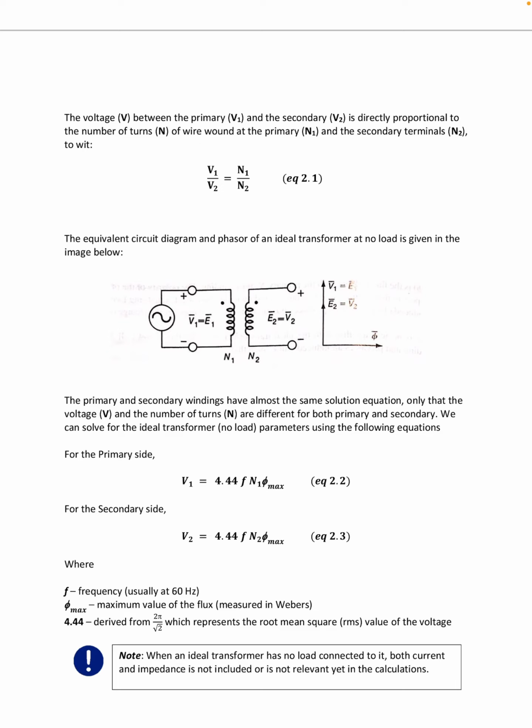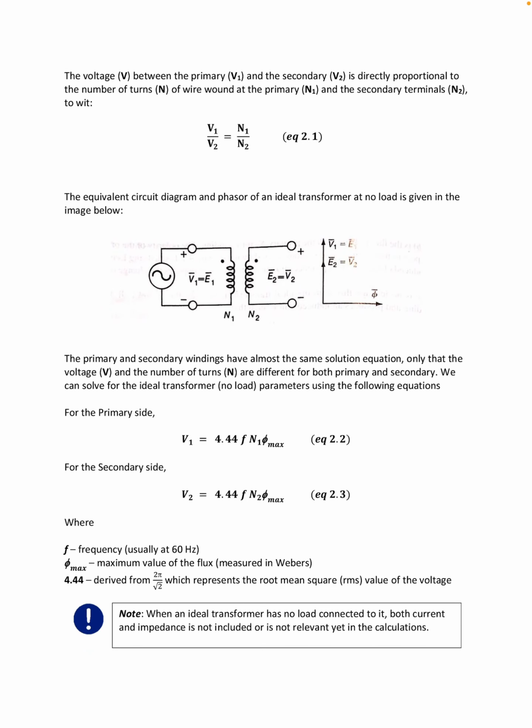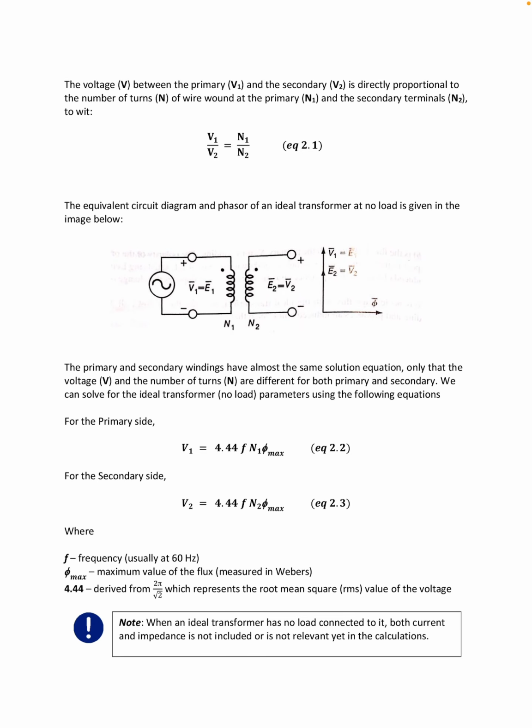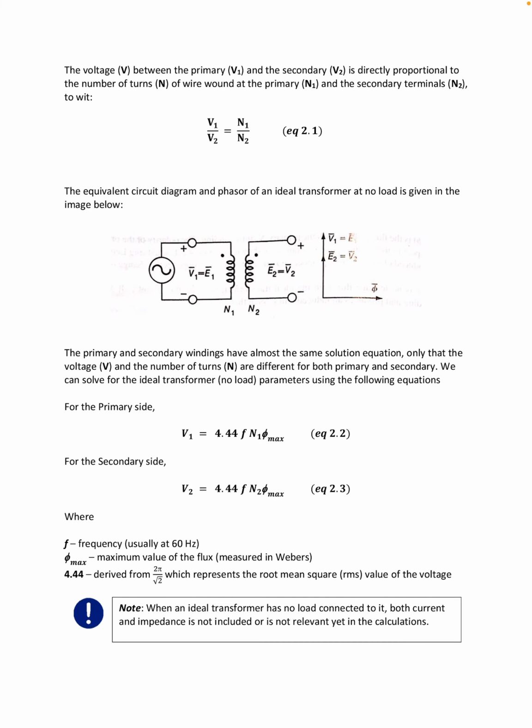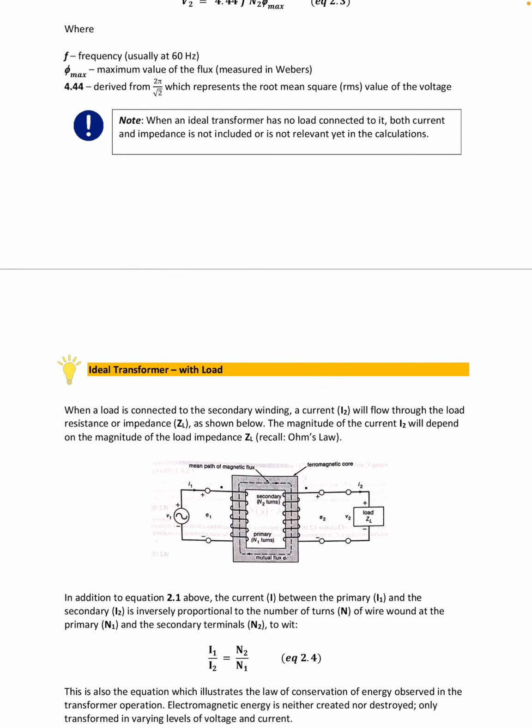So dili ang peak-to-peak voltage ang gina-measure, kundi ang RMS lang, which is equivalent to the peak value divided by square root of 2. Then when an ideal transformer has no load connected to it, both current and impedance are not yet relevant in the calculations.